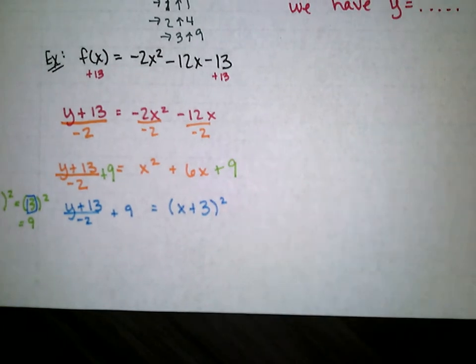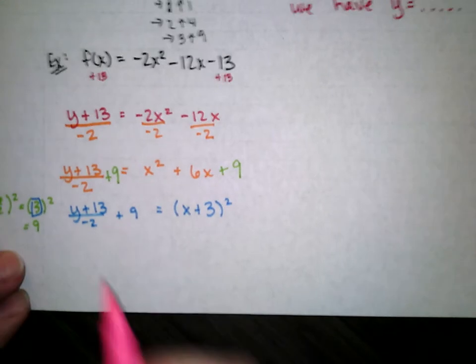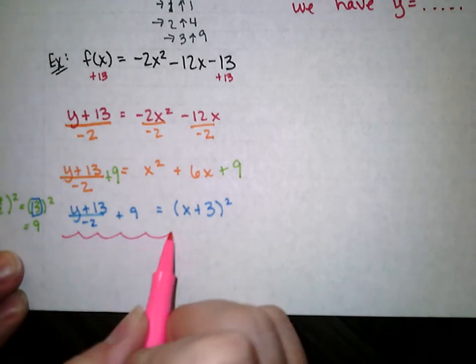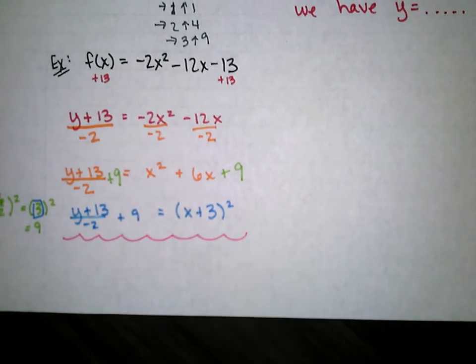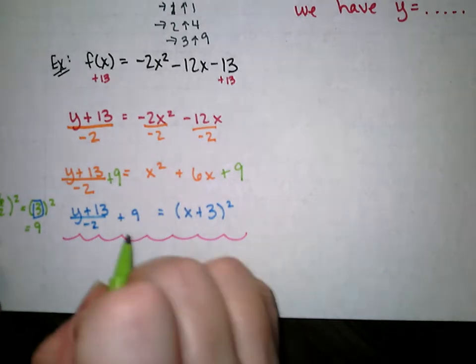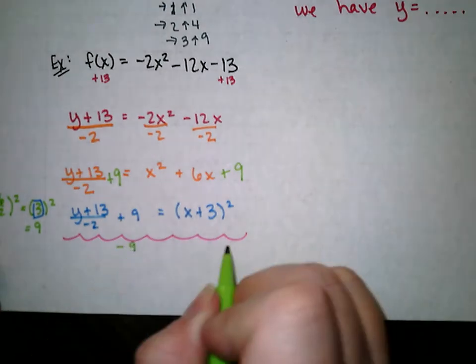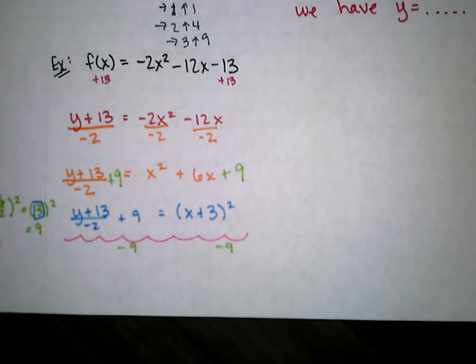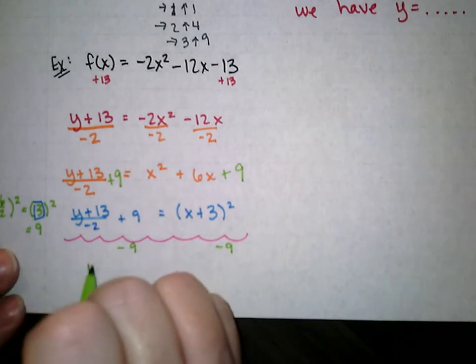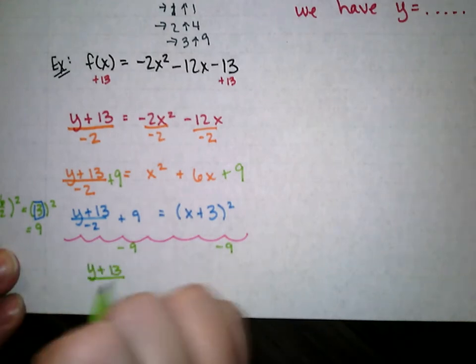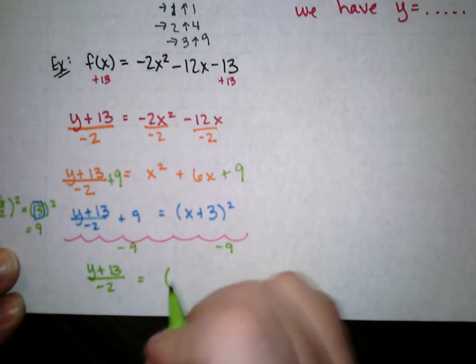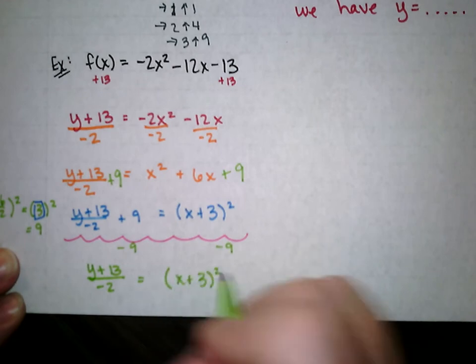Like I just added 9 to both sides before I factored, and now I'm going to U-turn and start undoing everything. So I subtract 9 from both sides, which is going to give me y plus 13 divided by negative 2 equals x plus 3 squared minus 9.